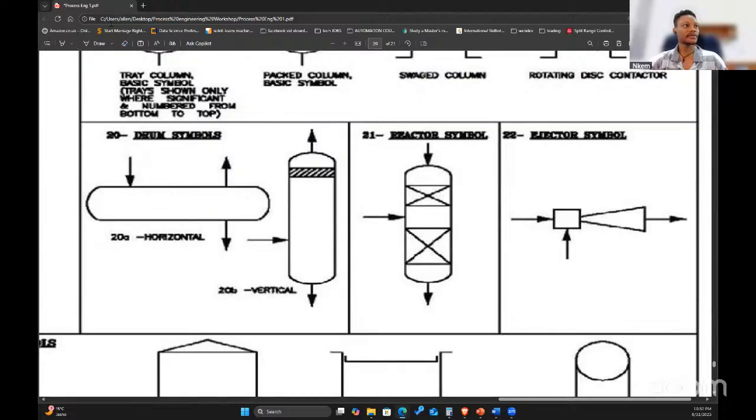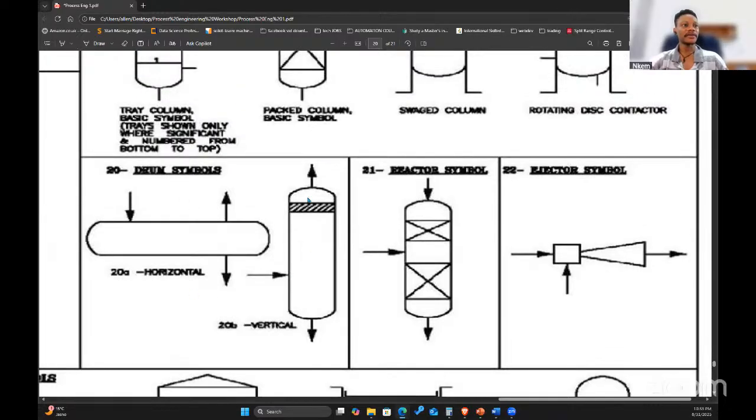There's no time to give you all these details, but just know horizontal separators are usually three-phase separators. It can be a two-phase separator, but you can also design it to be a three-phase separator. Maybe in the next class, I'm going to explain to you. And then you have the vertical separator, which is two-phase liquid and vapor.